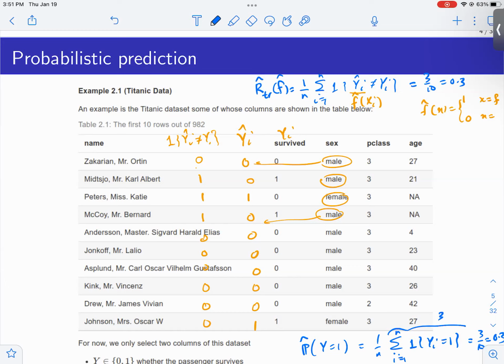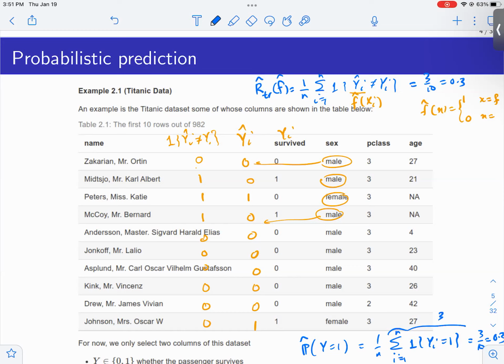Right. I want to emphasize that the reason it's called the training error is because it's calculated on the training data. Why do we call this the training data? Because we use it to train our classifier. So your classifier uses this exact data set. You use the data to obtain your decision rule.